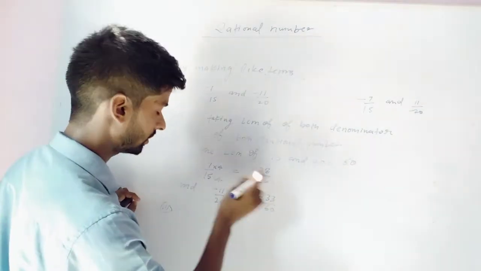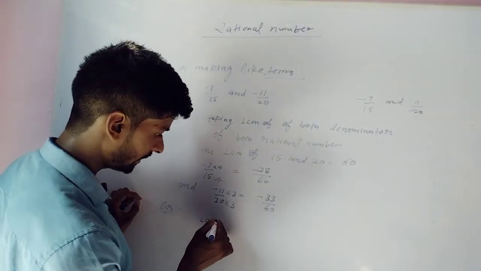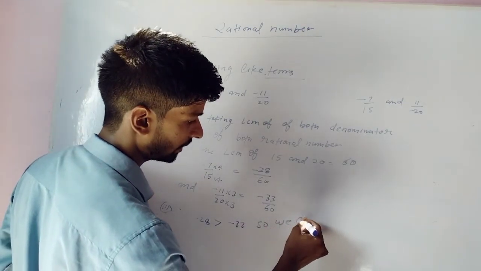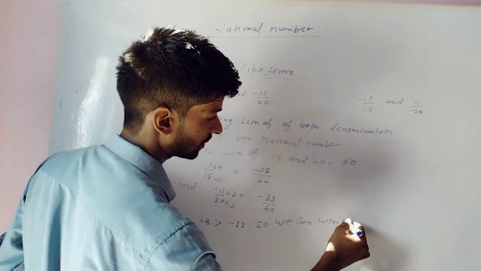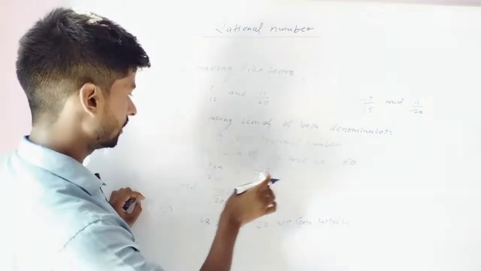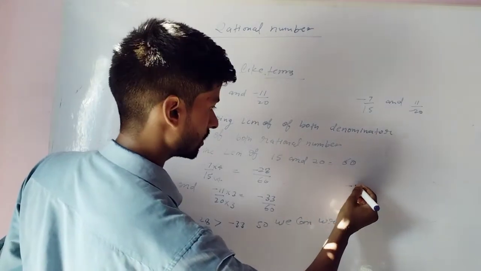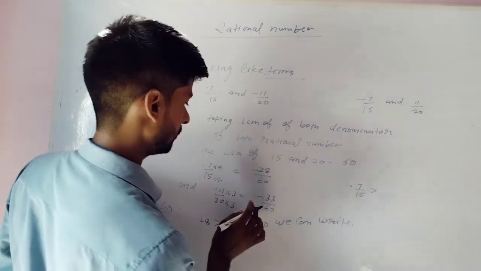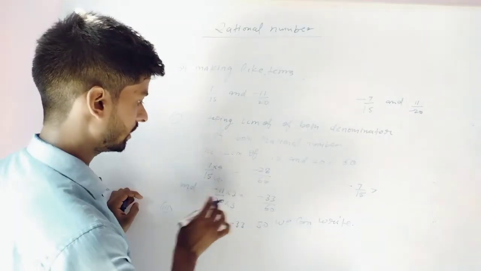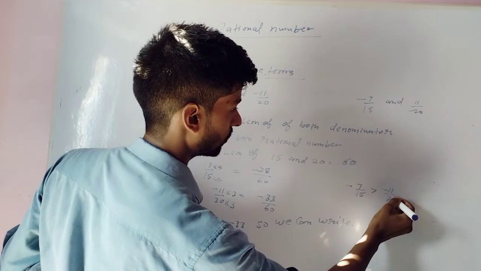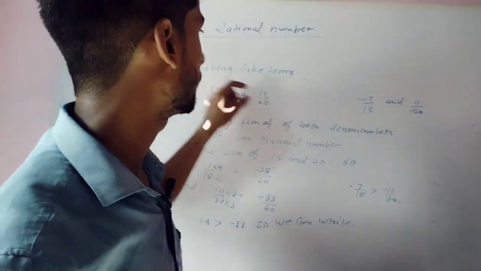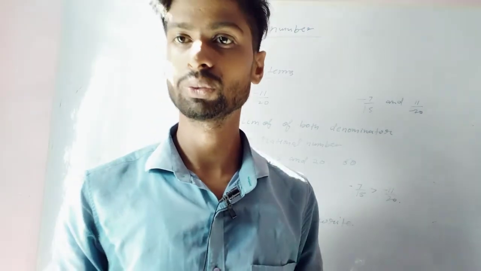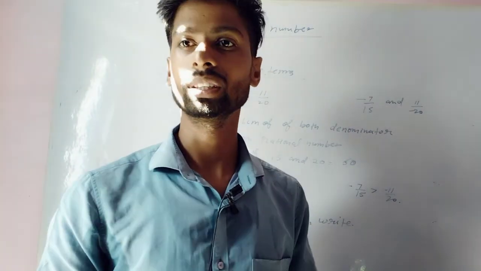So -28 is greater than -33, so we can write -7/15 is greater than -11/20, and this is the comparison by making like terms. So this is the end of this topic on rational numbers. We will proceed to the next topics on rational numbers in the next video.